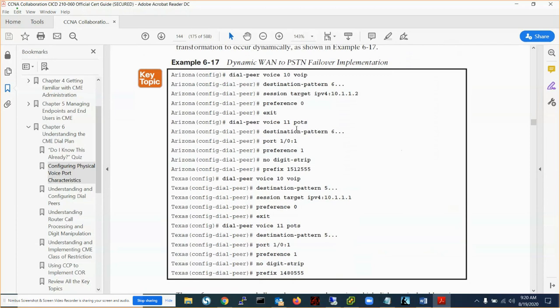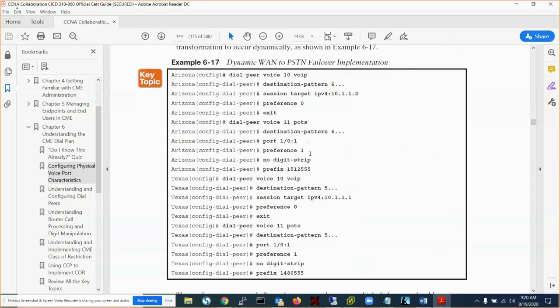This is a POTS dial peer. Right? Destination pattern 6 dot dot dot, same thing like the VoIP dial peer, but this time it's ports. It sends it through the port. This is a CAS. Once you see 0/0:23, you know it's a PRI, but once you see 1/0:1, you know it's a CAS, right?